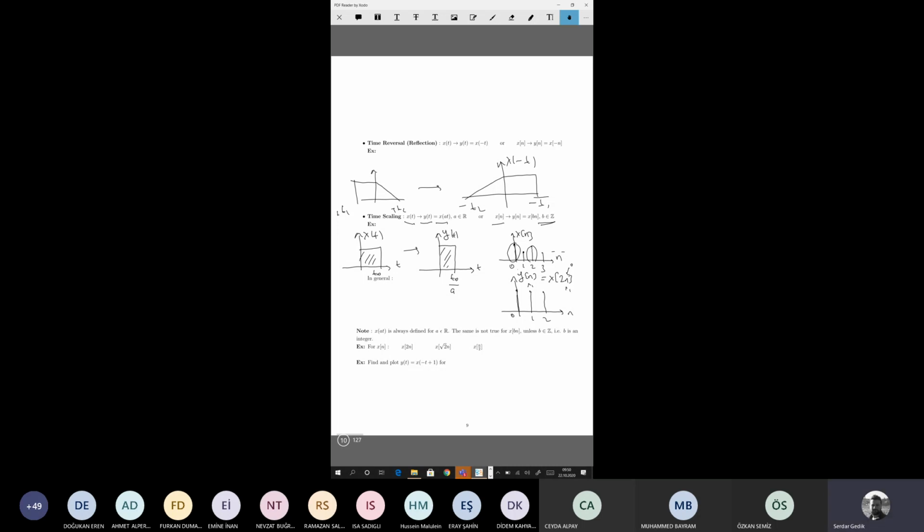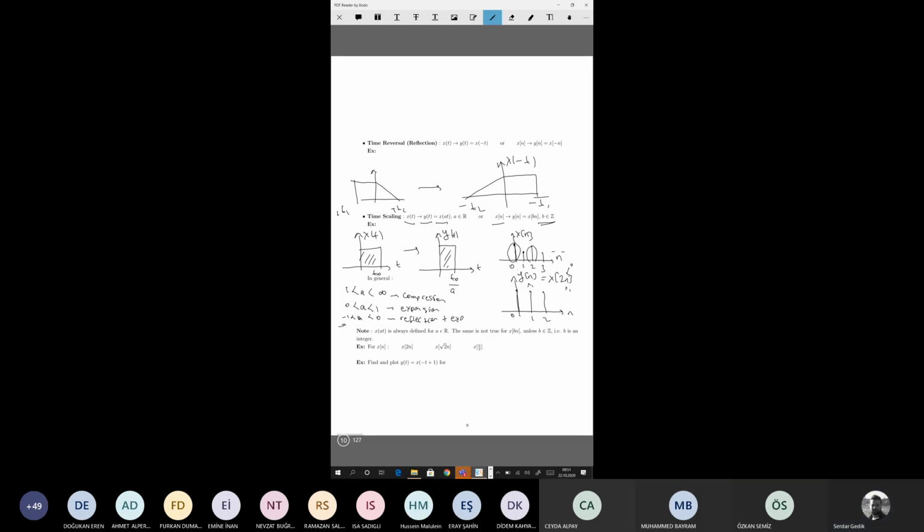Well, in general, what do we have? If a is in between 1 and infinity, we have compression. The signals are compressed. If we have a in between 0 and 1, we have expansion. So the signal is expanding. If a is in between -1 and 0, we have reflection plus expansion.